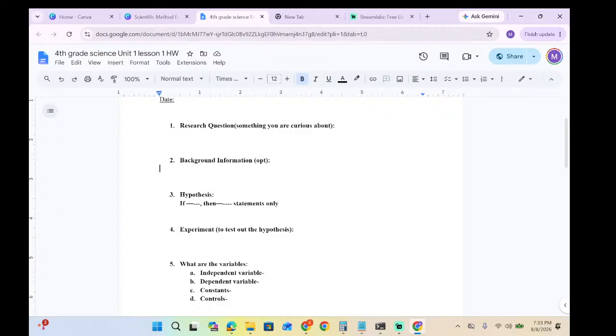Really, you can use any reliable source for background information. Reliable sources are sources that are recent, so not in the 1900s, right? We want something recent, maybe in the 2000s. I would say only use sources that are from 2010 at most.